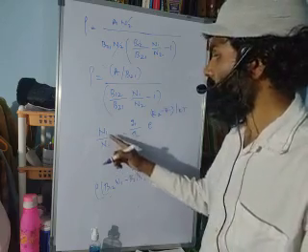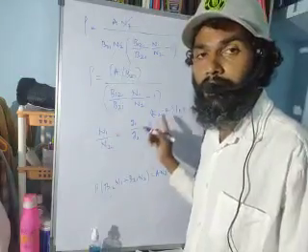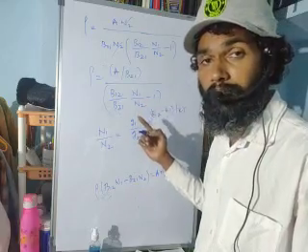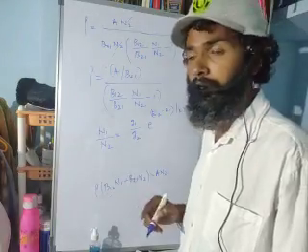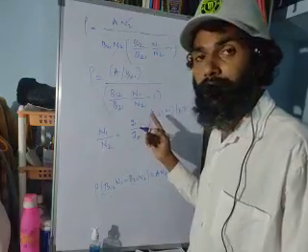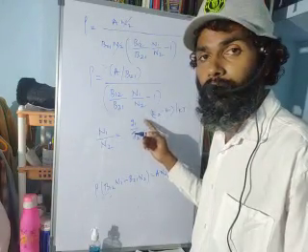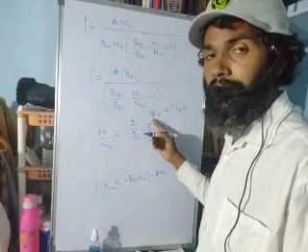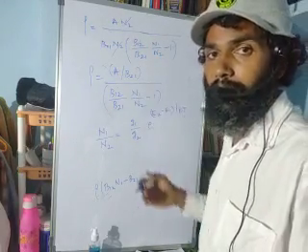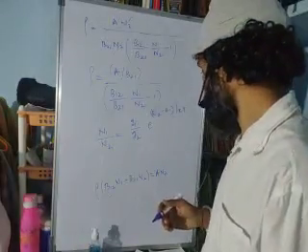So we can write this ratio of n1 and n2 like this in terms of the degeneracies of levels number 1 and 2, and also the energies e2 and e1 of these levels.